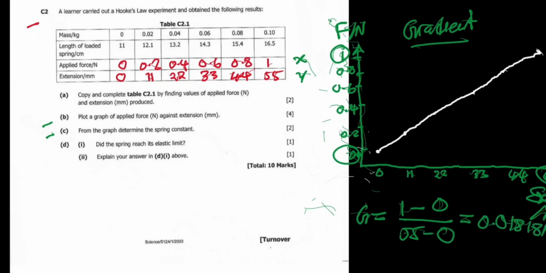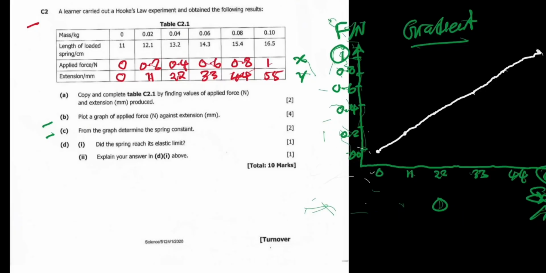Newton per millimeter. Now, since this should be in meters, we need to convert this. And when we convert this figure into meters, K, which is the spring constant, is actually going to be what we have here multiplied by 1,000.